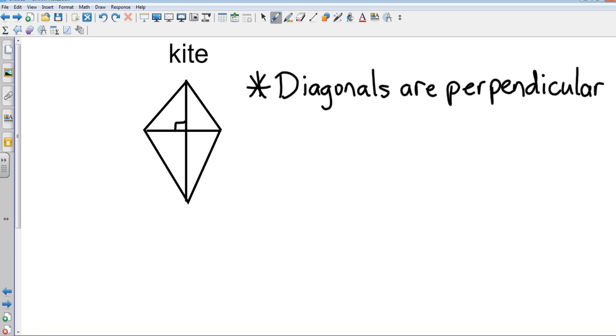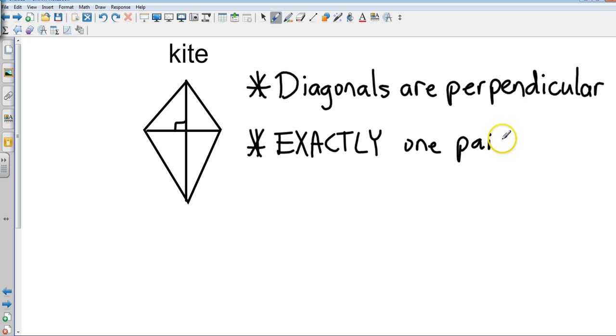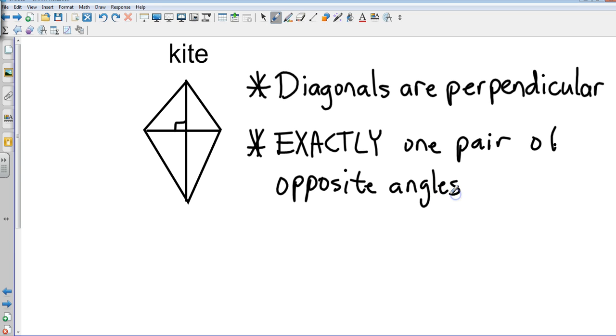Okay, so another property for a kite is it has exactly, and I'm going to leave that in all caps, very, very important, it has exactly one pair of opposite angles that are congruent.